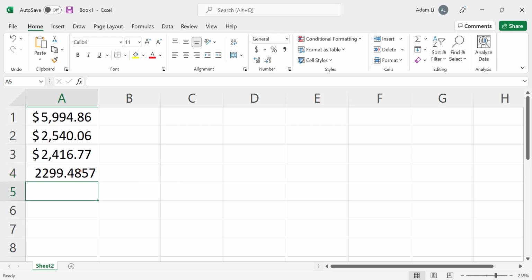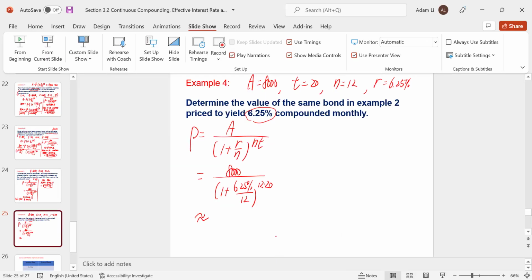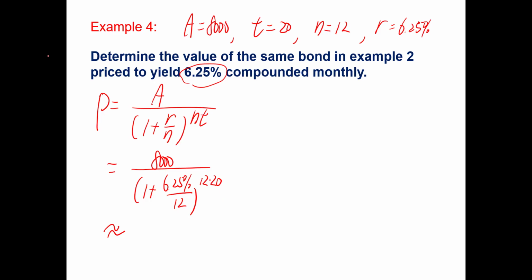And this result turned out to be $2,299.49. And this is the bond price.